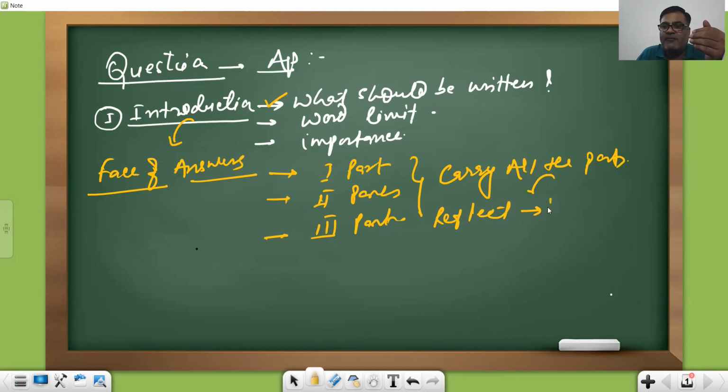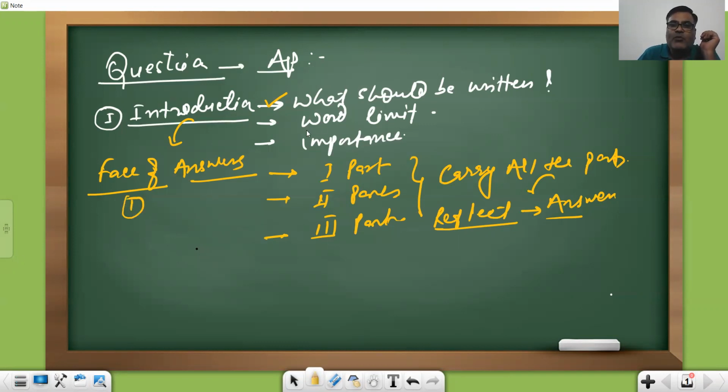It must be such that even if the examiner is in a hurry, though he is not, he will be able to understand what the candidate has understood about the question and how he is going to approach it. I hope I am loud and clear. So this is point number one.